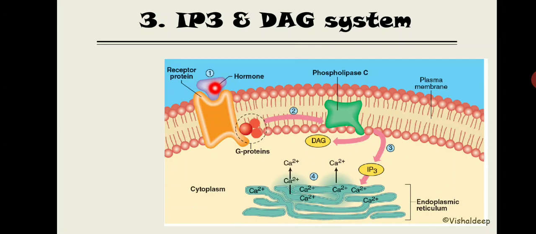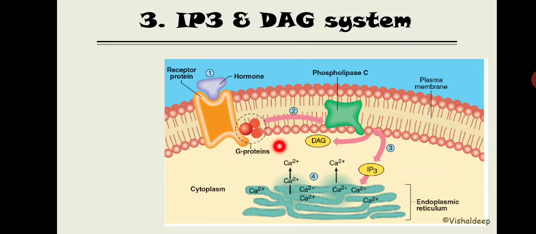Once the hormone comes, it binds with the extracellular domain. As soon as the hormone binds with the extracellular domain of this G protein coupled receptor, the intracellular domain undergoes conformational changes and binds with a G protein. That G protein is known as the Gq protein.